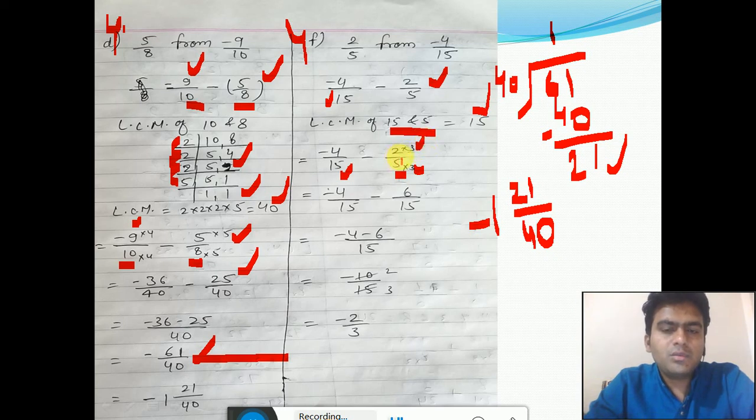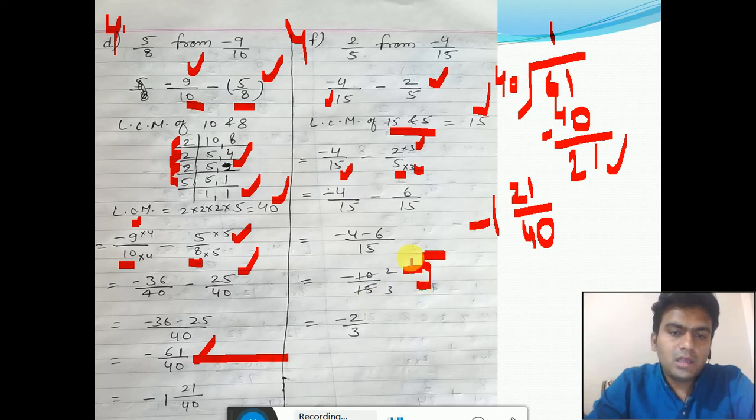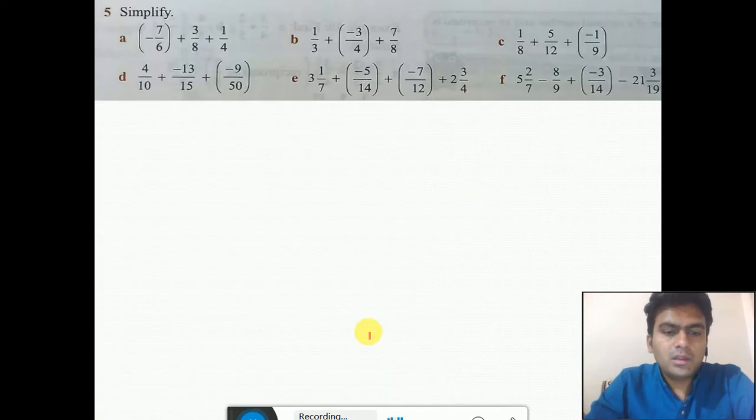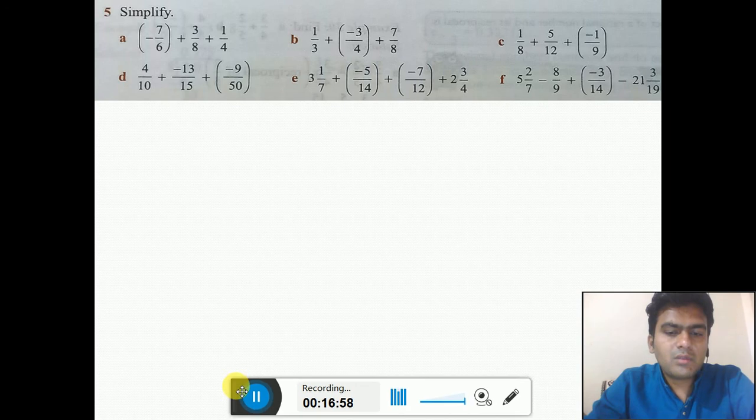Now this numerator becomes minus 6 upon 15 and this one is minus 4 upon 15, so total minus 10 upon 15. Now we can simplify 10 and 15 by dividing both by 5. 5 2s are 10 and 5 3s are 15. So the answer is minus 2 upon 3. In the next video we will discuss question number 5.